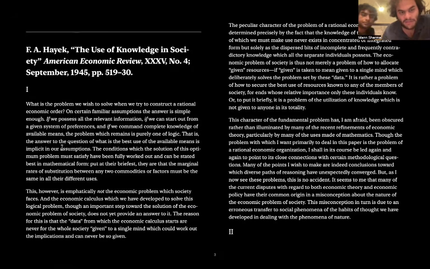That is, the answer to the question of what is the best use of the available means is implicit in our assumptions. The conditions which the solution of this optimum problem must satisfy have been fully worked out and can be stated best in mathematical form. Put at their briefest, they are that the marginal rates of substitution between any two commodities or factors must be the same in all the different uses.